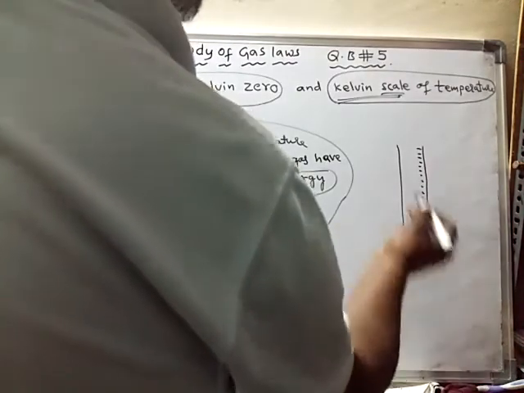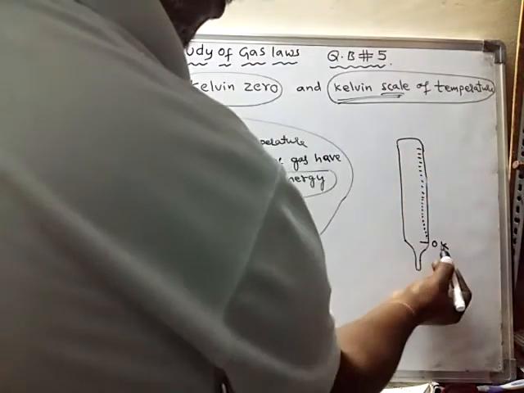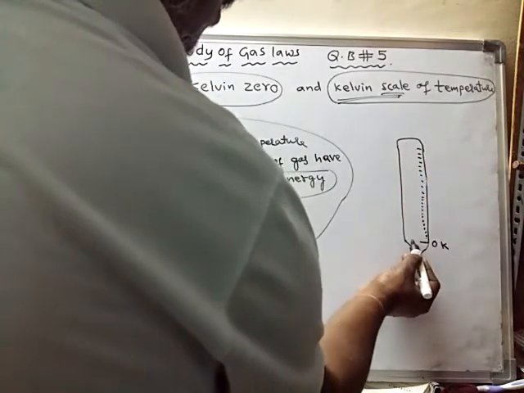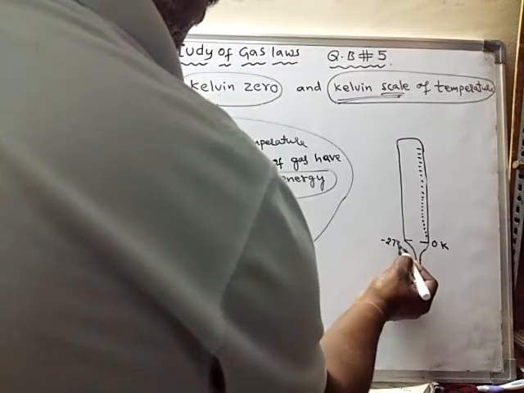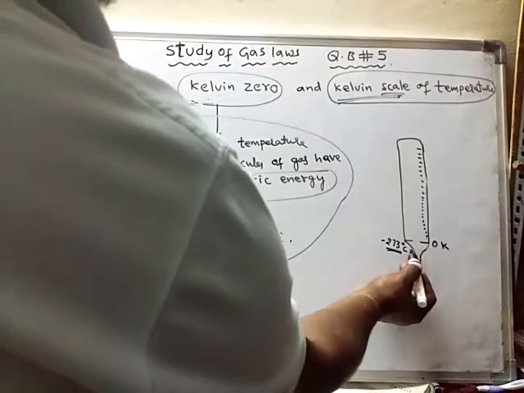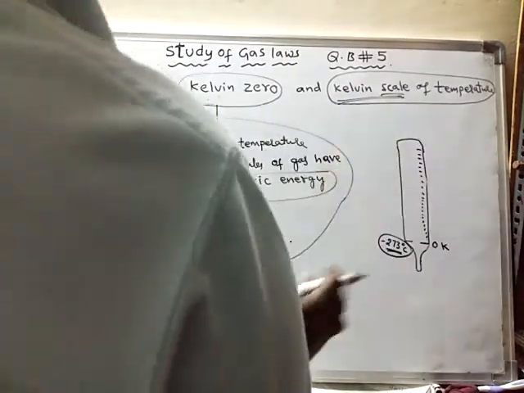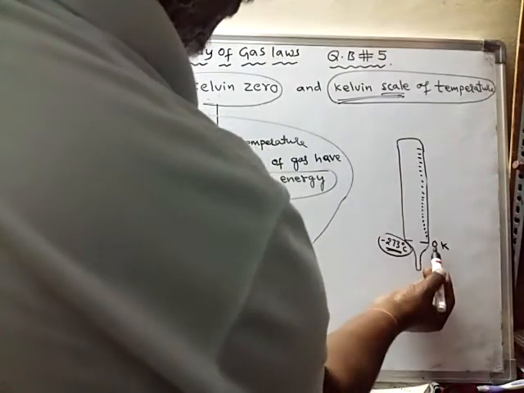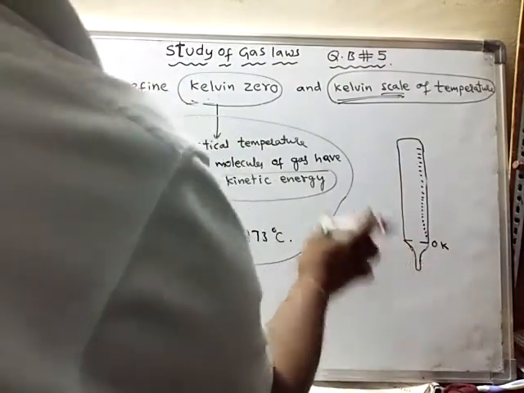So the lowest temperature on the Kelvin scale will be 0, or minus 273 degrees centigrade. Generally we won't use degree centigrade while expressing the Kelvin scale, but its value will be minus 273. What is the Kelvin scale?